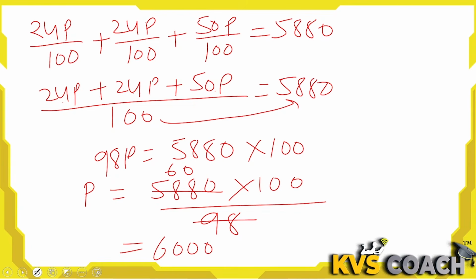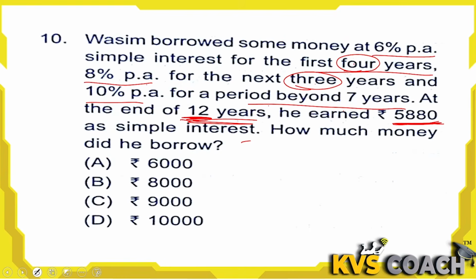So the principal amount was 6000 rupees. This is the value of P. So option A is the right answer here.